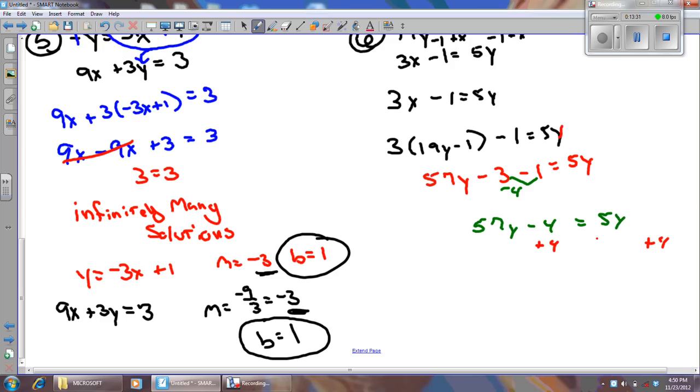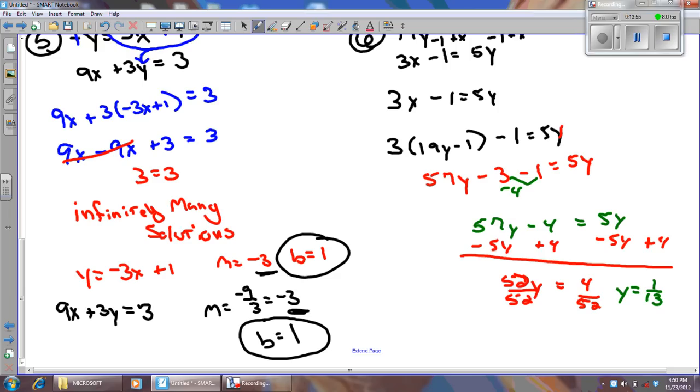Also going to subtract 5y from both sides. I'm going to get 52y, and that's going to equal 4. Divide by 52, divide by 52, and I think y is going to end up being 1/13. Pretty sure about that.